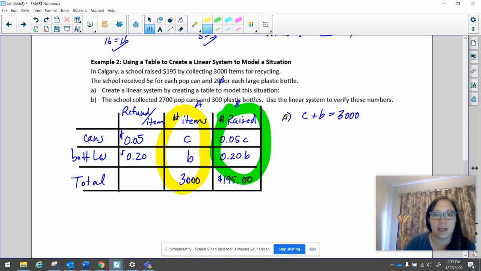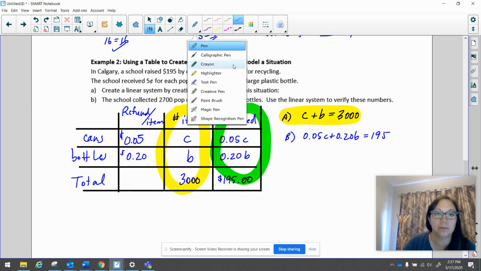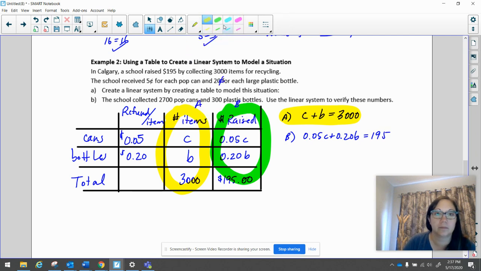That was my yellow information. For the green information, equation B, it's 0.05C plus 0.20B is equal to $195. So there are my two equations.